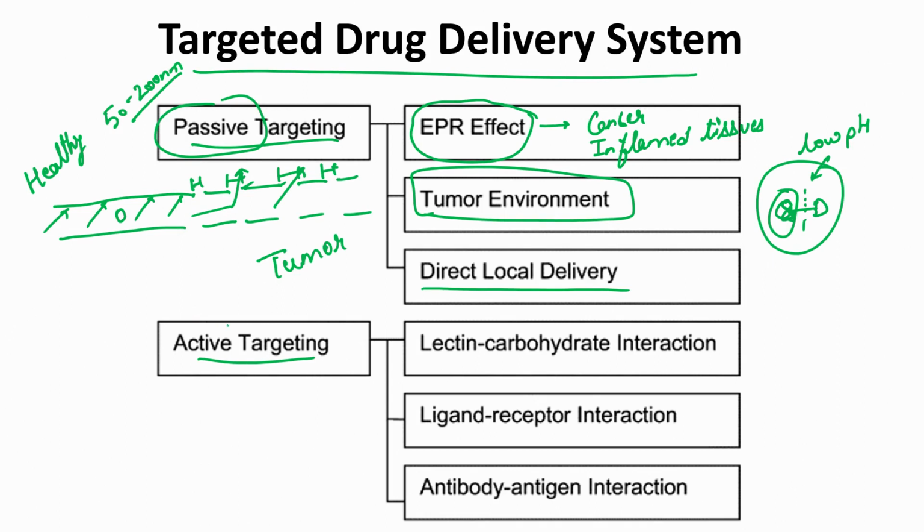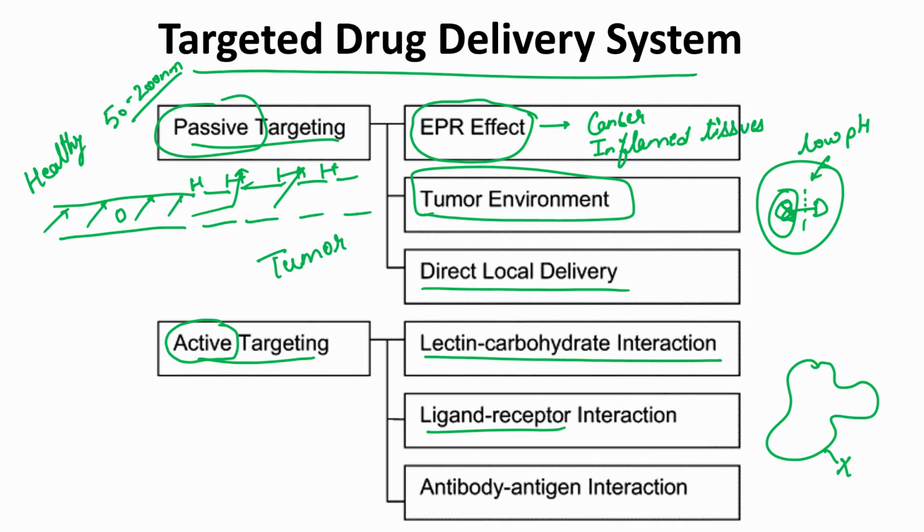So, let us look at what is active targeting, as you can already see in the slide. This is specific to a direct interaction. So, let us say there is a receptor ligand. We know maybe a tumor cell, because of its high metabolic rate and whatever mutation it might have, expresses a protein X on the surface which is present only in the tumor or at least in much higher amounts in tumor.